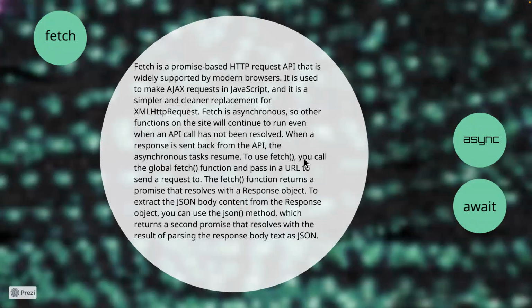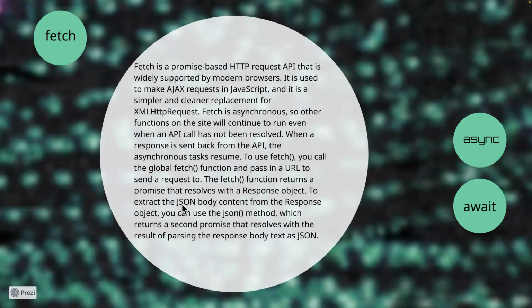Okay, to use fetch, you call the global fetch function to pass a URL and send a request to. The fetch function returns a promise that resolves with a response object. Okay, so when we use fetch, we're going to get in response an object. That's the JSON object, the JavaScript object.